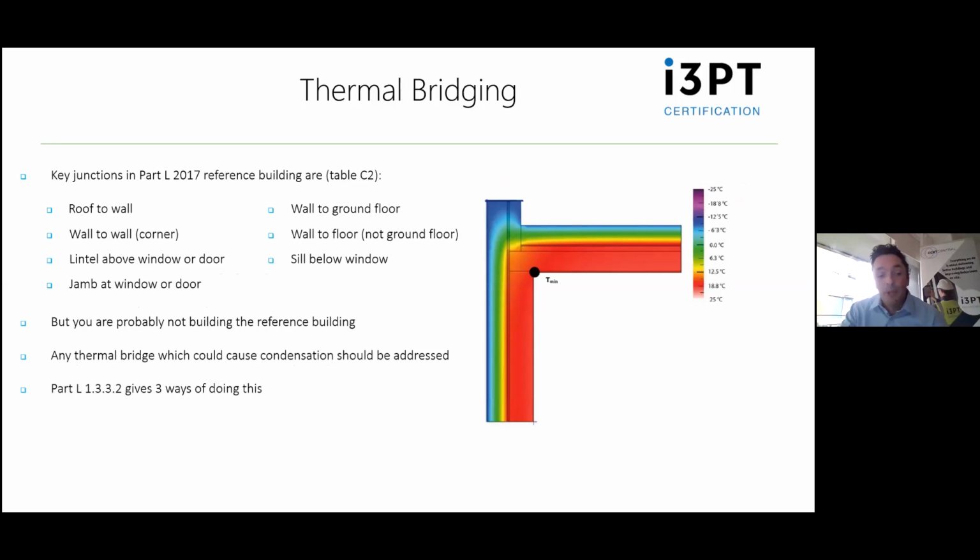But you're probably not building the reference building, and therefore you may have additional thermal bridges. So in essence, any thermal bridge which could cause condensation should be addressed. And Part L 1332 gives 3 ways of doing this. You can probably look at that yourselves because we wouldn't have time to go through each one here within the hour.